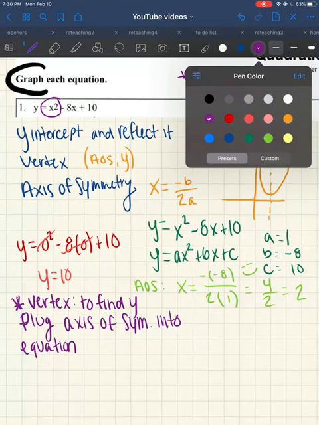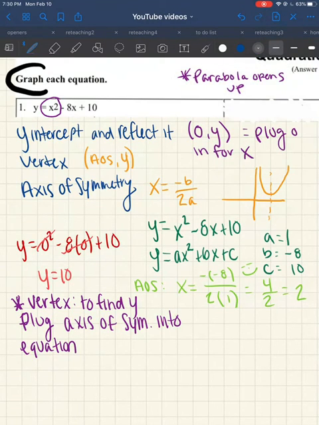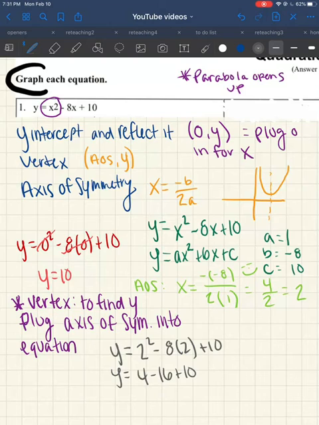So that will give me, let's use gray, y equals 2 squared minus 8 times 2 plus 10. So I'll simplify further. I get 4 minus 16 plus 10, and that's going to be negative 2. Okay, so I have my vertex. It's going to be 2, negative 2.